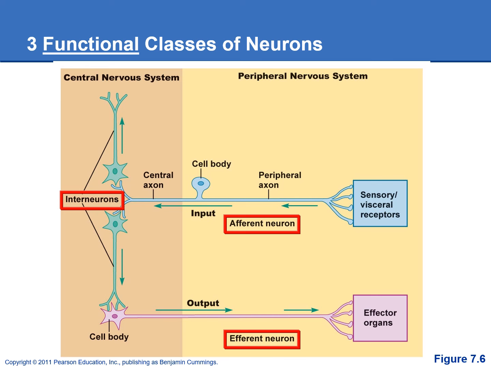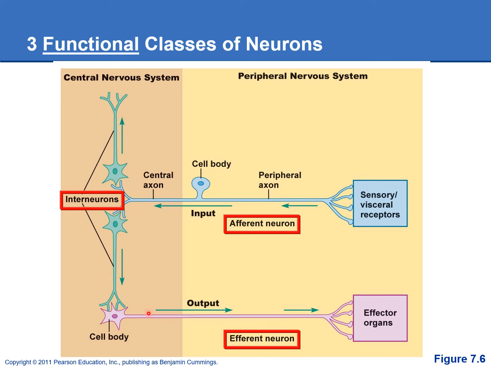And then the other way we can classify neurons, we have three functional classes of neurons. So we have afferent neurons, which are sensory neurons, and they're going to be bringing sensory information towards the central nervous system, brain and spinal cord. The interneurons, inter meaning between, are the neurons that are in between the afferent and the efferent neurons.